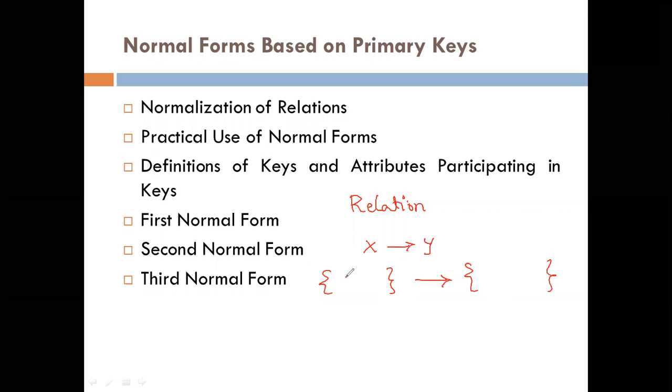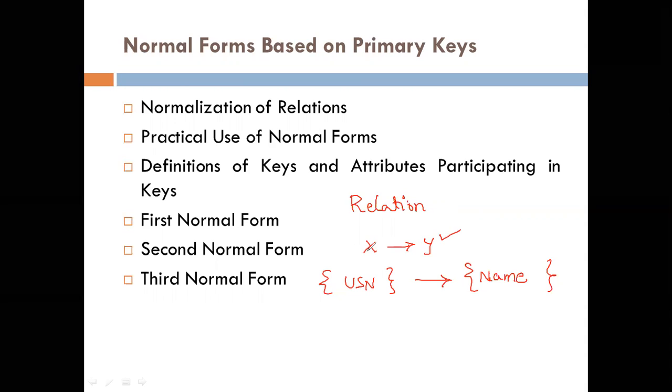Just like your USN will uniquely determine the name. Which means for a given USN there will be a mapping to a name. This is the fundamental for normalizing a database. If you understand the concept of functional dependency, then we will understand the concept of normalization.